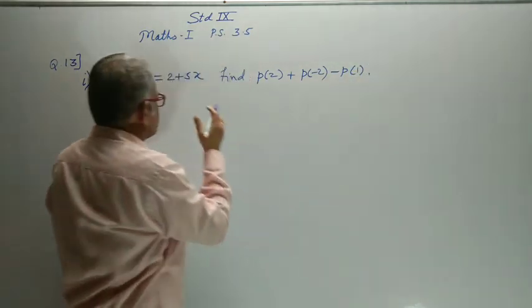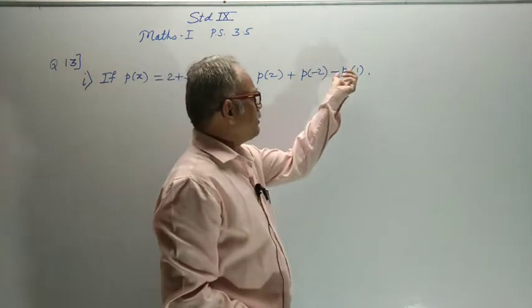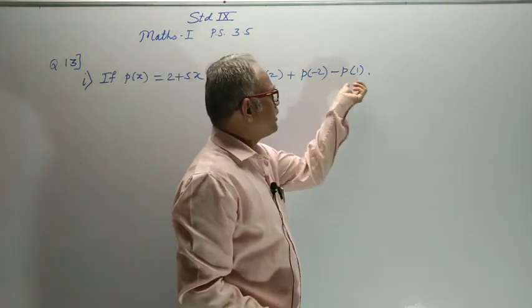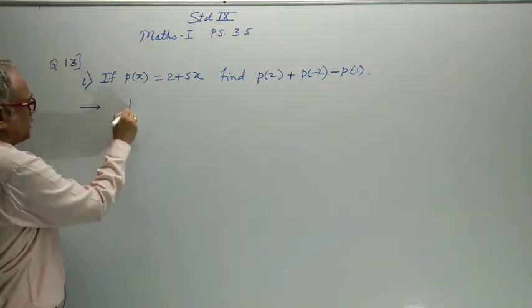Many such questions we have obtained. In this question, you have to find P of 2, P of minus 2, and P of 1, and then substitute these values. It is so simple. So I am starting it.